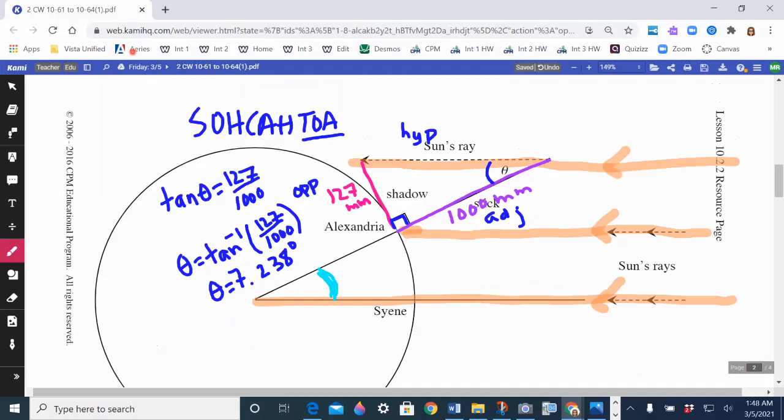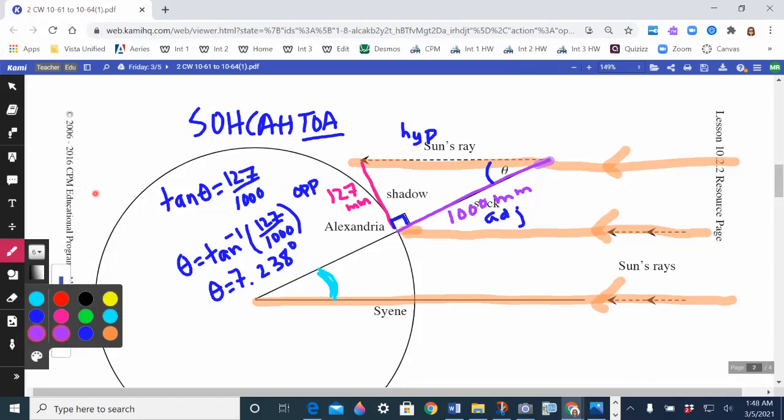So what I know is that we have parallel lines right here, and I have a transversal, so I have parallel lines cut by a transversal. That means this angle here and this angle here are alternate interior angles, so they are going to be the same.